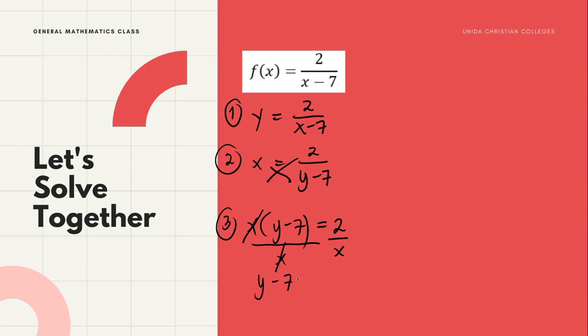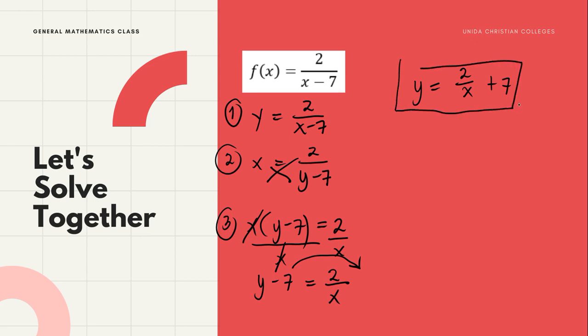We have y minus 7 is equal to 2 over x. And then, after that, meron pa din kasama si y, which is negative 7. You will transpose. So, magiging y is equal to 2 over x. Since this is negative 7, magiging positive 7. At na-solve mo na ngayon si y in terms of x.